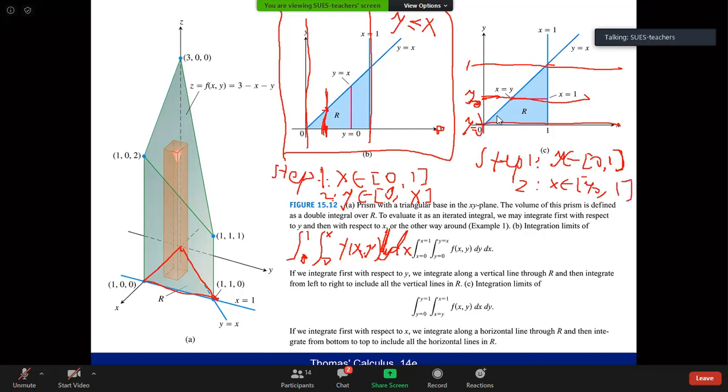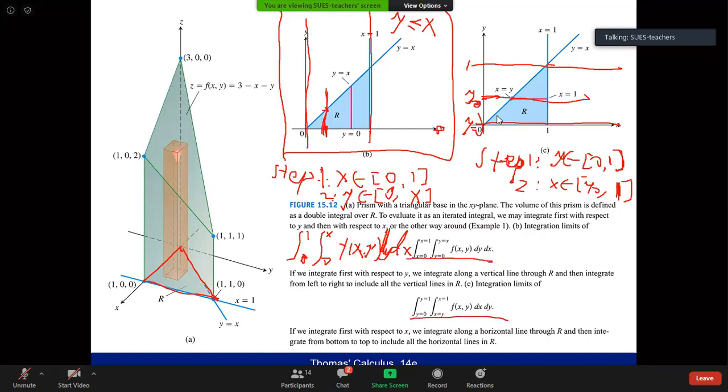Did you see this? This is how you define the area of the integral. If you fix x first, this is the integral, and if you fix y, this is the integral.